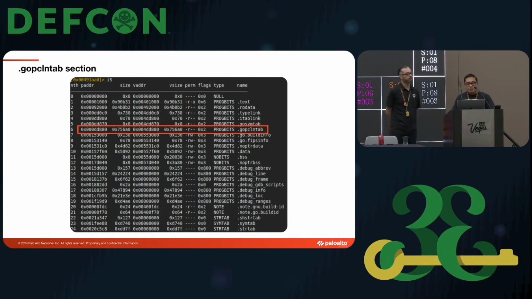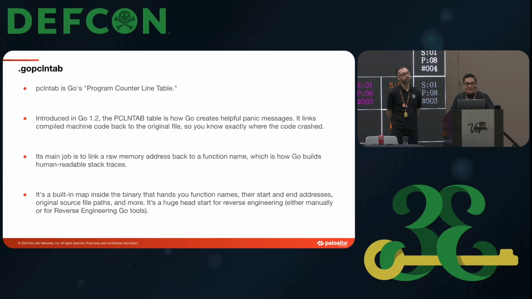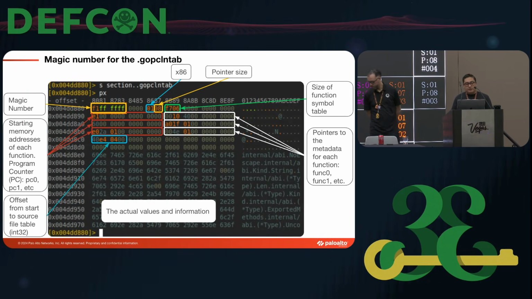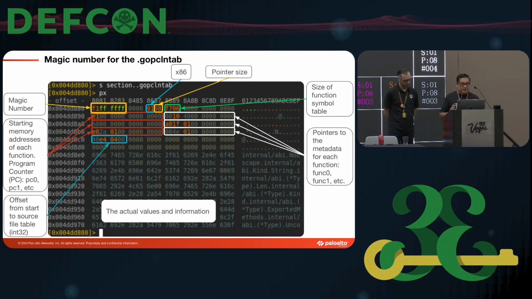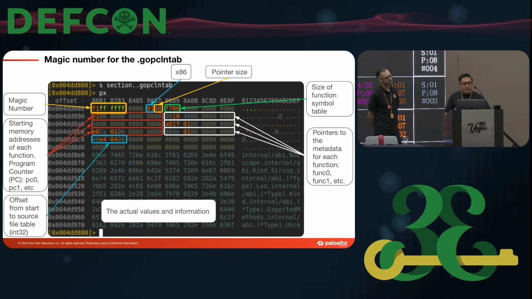Then we have the Go PC line table, and that table is very important because it's going to act as a map. That map is going to help the reverser reconstruct the binary. If you go to the next slide, there's an image that says magic number of the Go PC line table. Well, that magic number is what many tools use to identify and try to recover or reconstruct the binary.